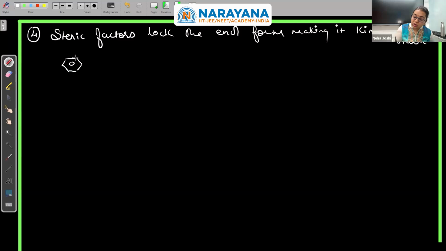See, not every time this will be, but if I have something like this mesityl system, now this is alpha CH, and this is connected to CHO, but this carbon is totally covered from upside downside by these two mesityl systems.